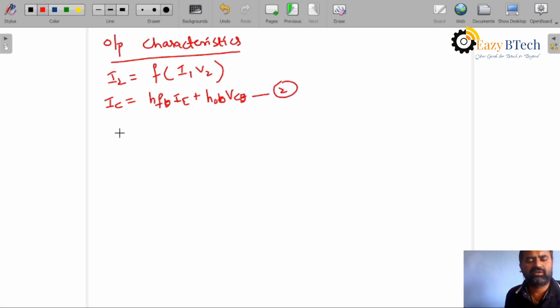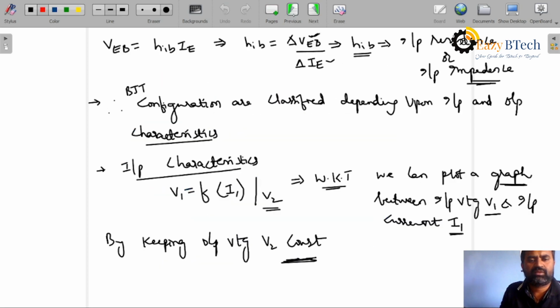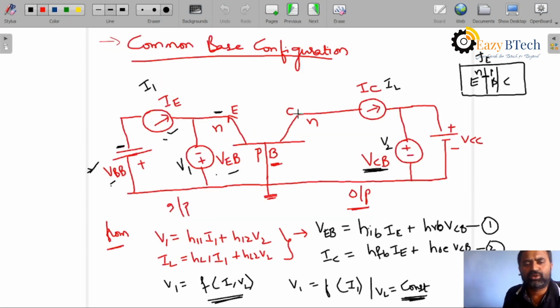We know that to study the output characteristics, what are we going to do? By keeping input current IE constant, by changing the VCC value, you can note down the value of IC and VCB.